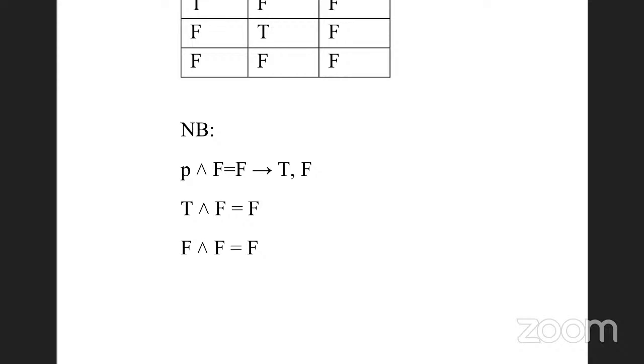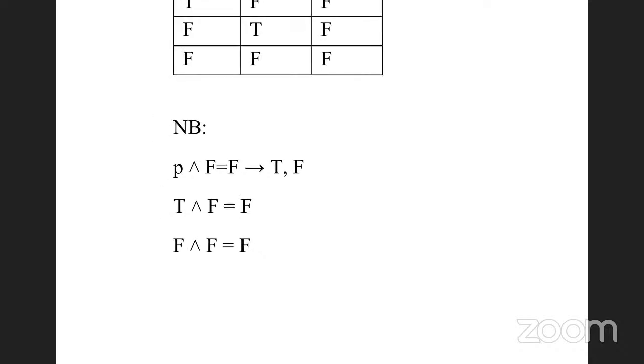Here's what they're saying. They're saying P and false always gives you something false. That making sense? Remember I told you all, once you have false in a conjunction, it will always be false, right? That's all they're saying. P could be anything.